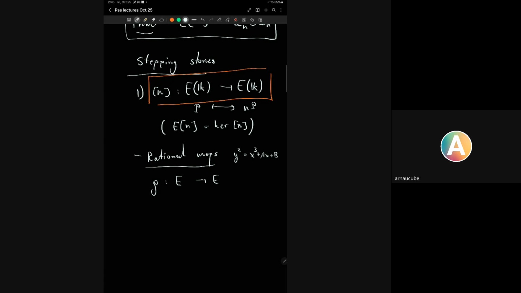Then rho is like a pair of rational functions, R comma S, where R and S are rational functions on E. So R and S in particular can be viewed as functions from E(K) to the projective line, so K union infinity.